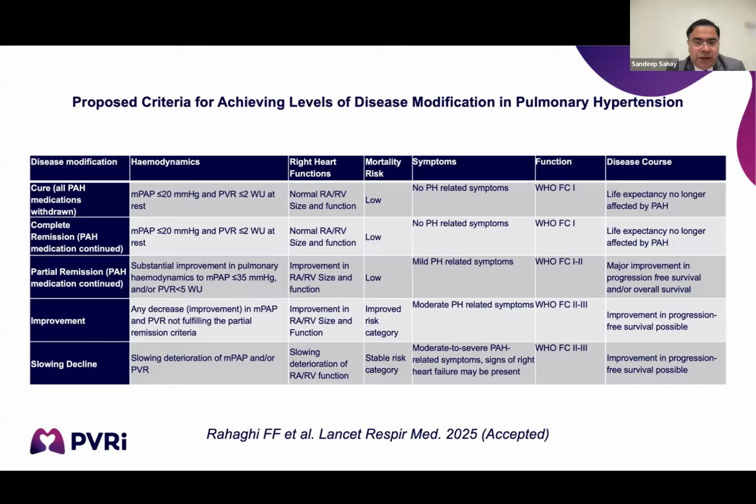We took into account improvement in hemodynamics, imaging criteria, mortality risk, PH-related symptomatic burden, functional capacity, and what their disease course would look like if they achieve complete remission. Again, this is more for future research and hypothesis generating, but I think that's where our discussion should go from here onwards.